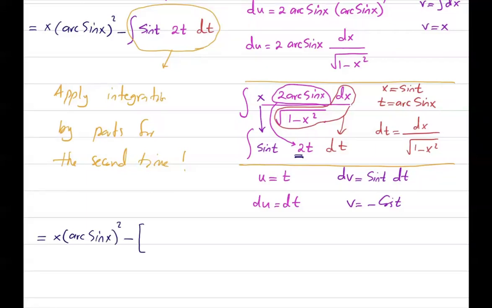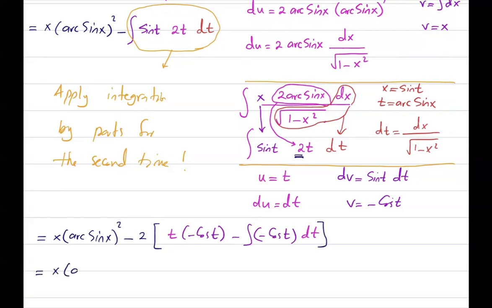So minus, I'm going to write 2 in front of the whole thing to avoid any confusion. Minus 2 bracket uv, which is t times negative cosine t, minus the integral v du, negative cosine t dt, and close up the bracket and calculate this integral.